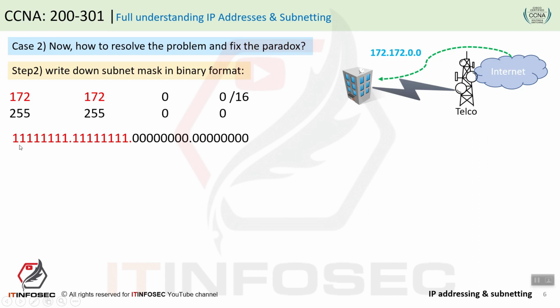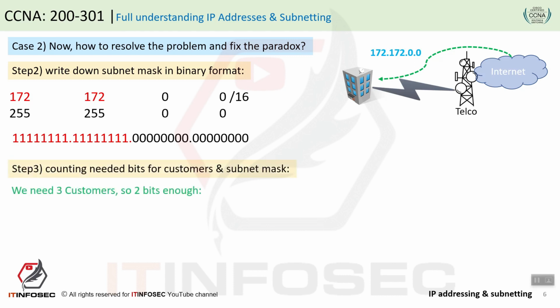That's 8 one-bits, dot, again 8 one-bits, dot 0.0. Well, how many customers do we need? 3. If we need 3 customers, then 2 bits are enough.